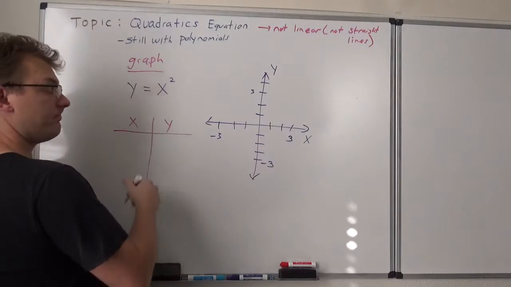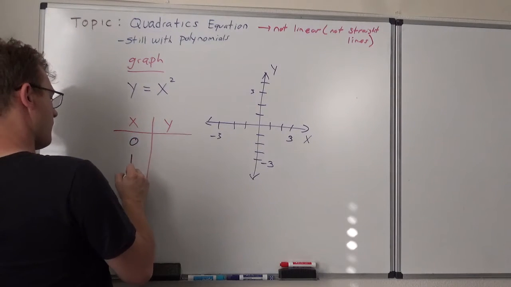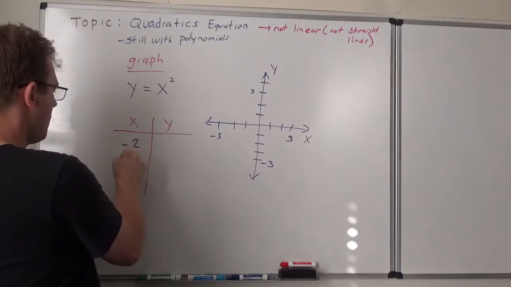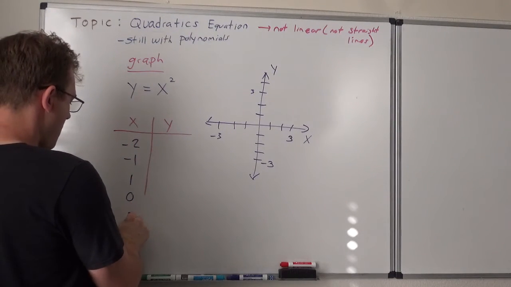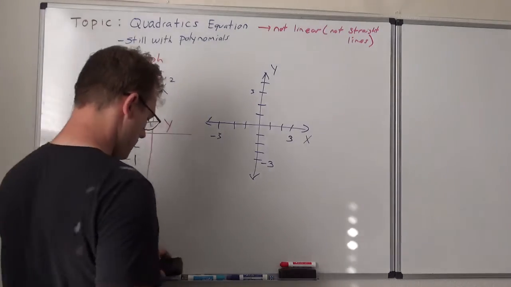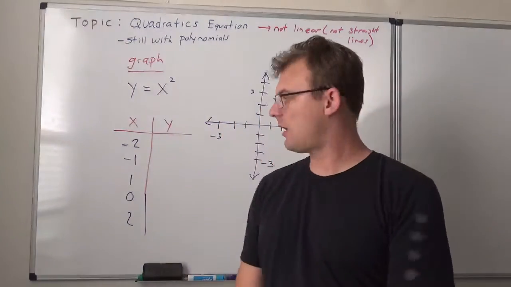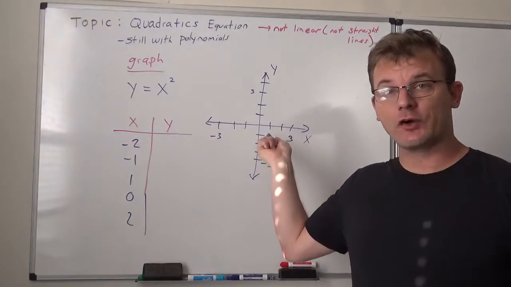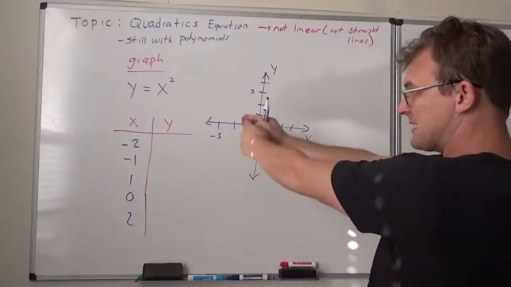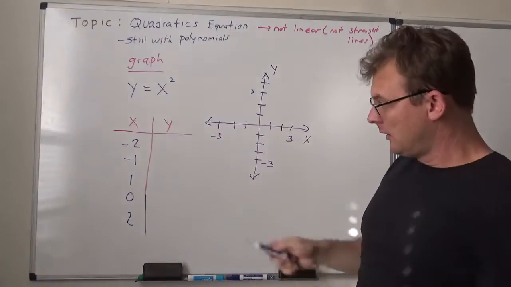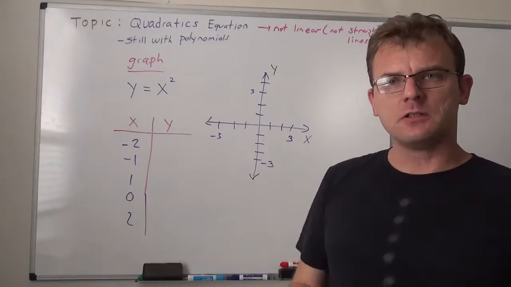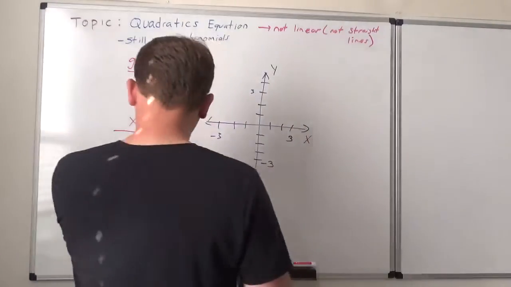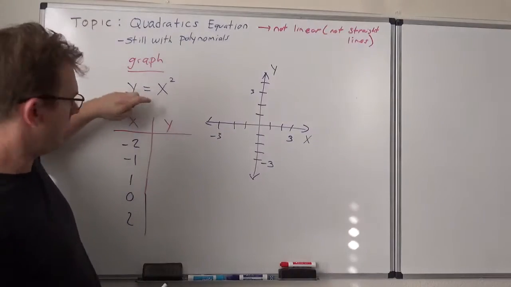So pick some numbers. Actually, I'm going to do it this way. I want to pick those 5 numbers. The reason I'm picking those 5 numbers is, first off, I can graph it on my graph without having to make it go wider. And also, they're easy numbers. So x squared.